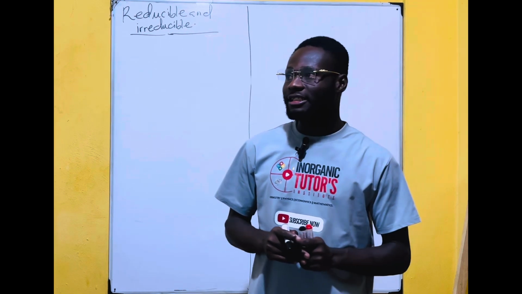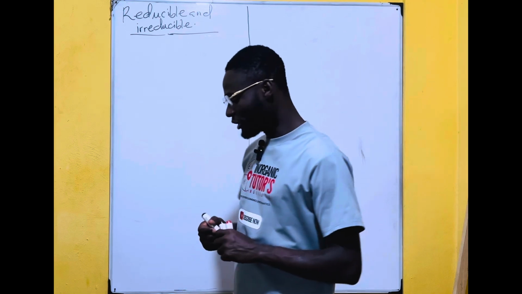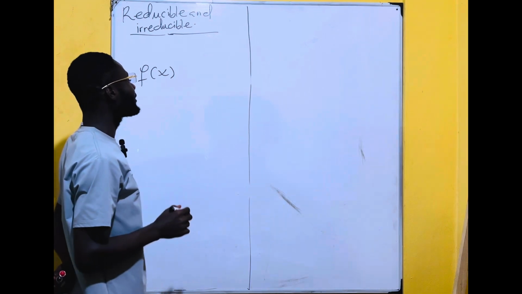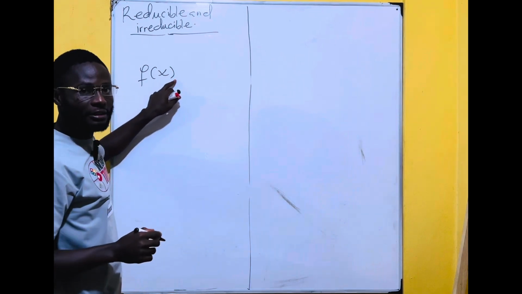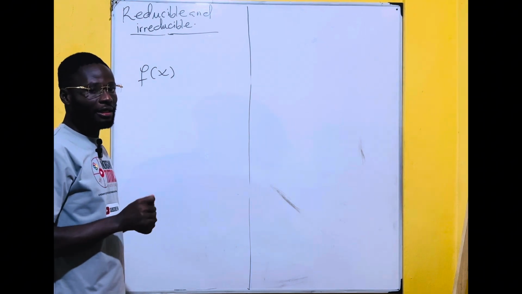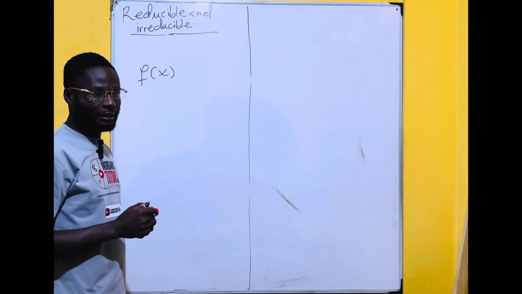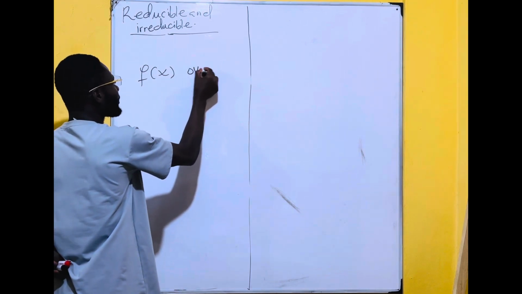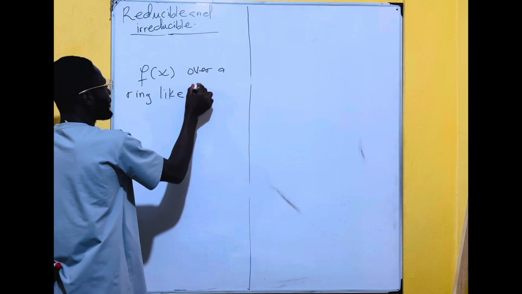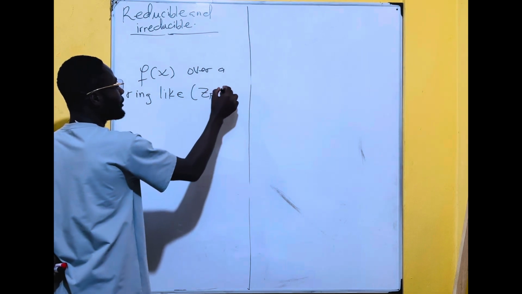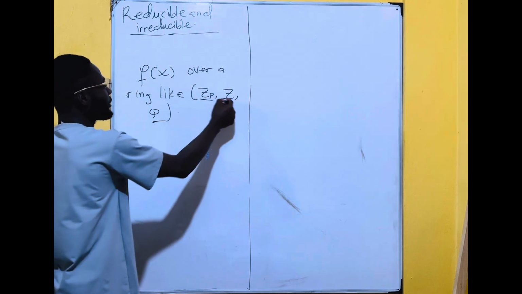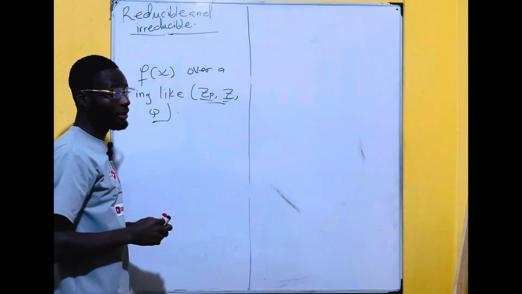Let's say you have a polynomial, a function f of x, and this function is being done over a particular ring, like Z_p, Z, or Q. This is rational, this is integer, and this is integer mod a prime.